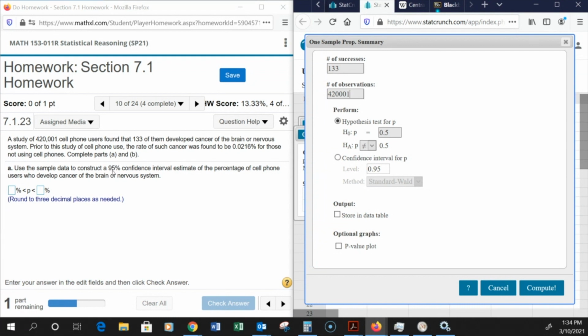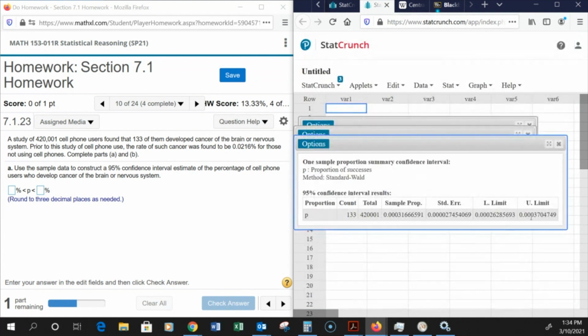And we want a 95% confidence interval. That's already the level they show. I hit compute and I get these values. They're changing it to percents. This is a good thing because these values have a lot of zeros at the beginning. Brain cancer is pretty rare. So I will move the decimal over a couple, and then I'll have 0.026.